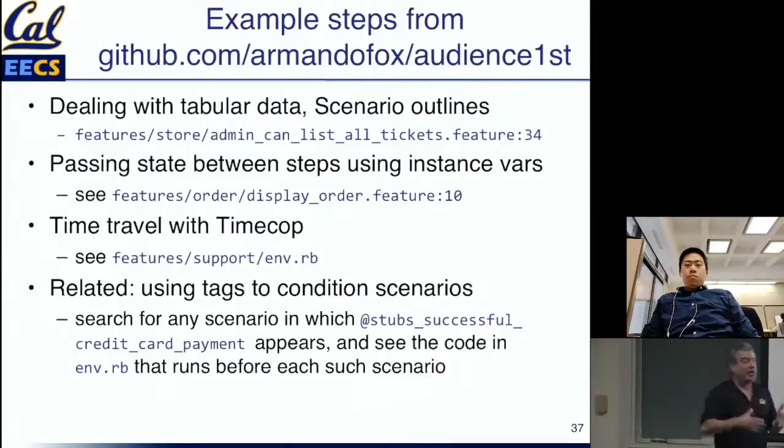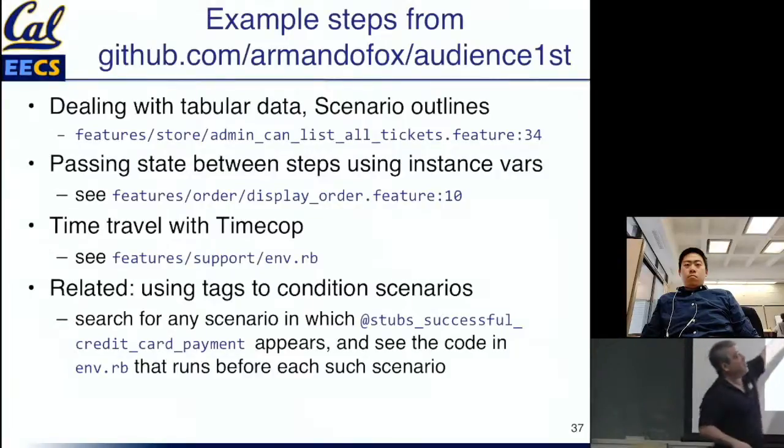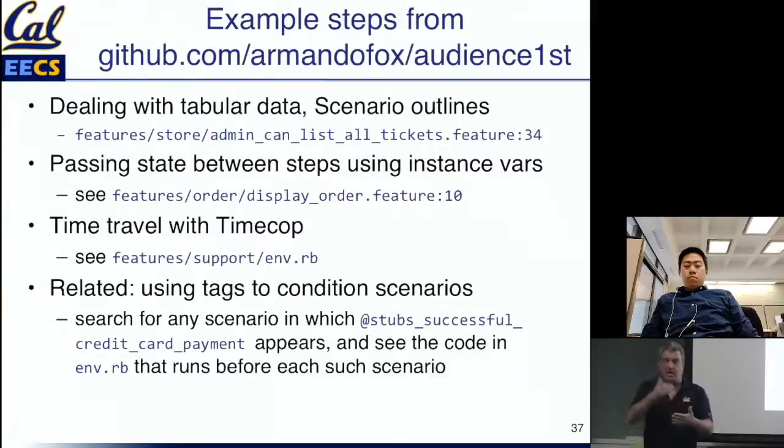The ones that depend on the date have a tag, and related to that tag is a little piece of code in the env.rb file of Cucumber that says, when a scenario that has this tag is run, do these steps first. In this case, it uses timecop to set a date that is always the same for every scenario in which time matters.